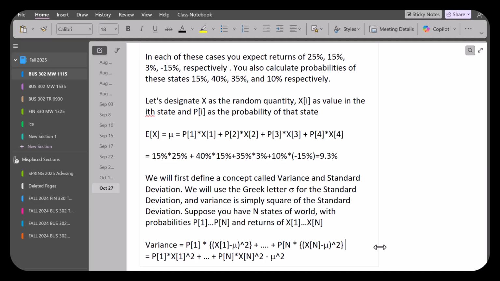So for each state of the road, I'm going to take the probability, multiply it with the square of the return in that case, and add them up.